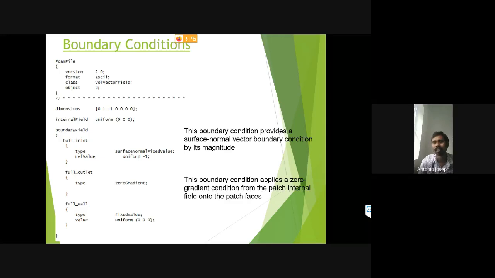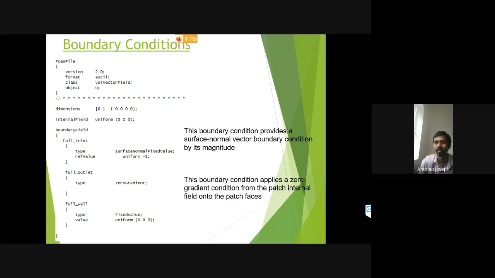Because sometimes if I am having a pipe bend of 45 degrees, that particular inlet plane may not be perpendicular to the x, y or z axis. So we cannot give the direction of velocity as some value in the x coordinate and 0, 0 for y and z.